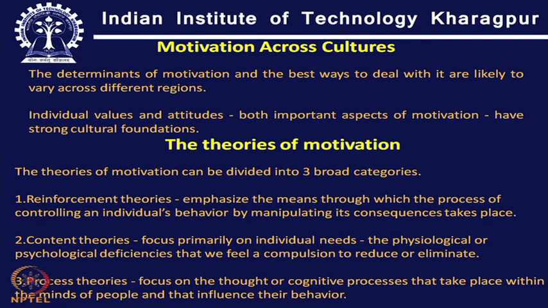Content theories focus primarily on individual needs, the physiological or psychological deficiencies that we feel a compulsion to reduce or eliminate. And the third group of theories are called process theories, which focus on the thought or cognitive processes that take place within the minds of people and influence their behavior.